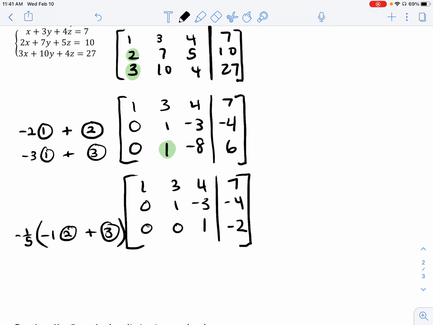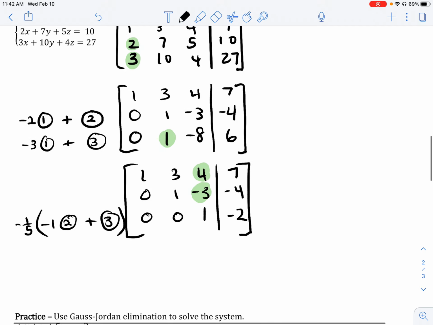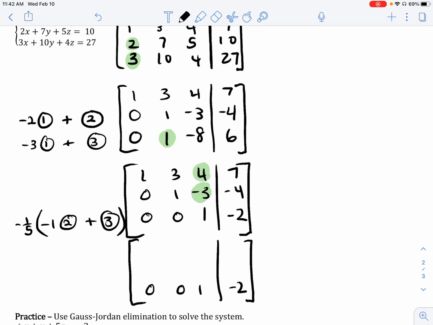But I want to continue this now, because I want to move on to eliminating this -3 and this +4. Again, we're doing the Gauss-Jordan part of the elimination. So I'm going to start now from the bottom, because my bottom row is done. I've got everything that we need. So now if I want to eliminate that -3, I'm going to go 3 times row 3 plus row 2.